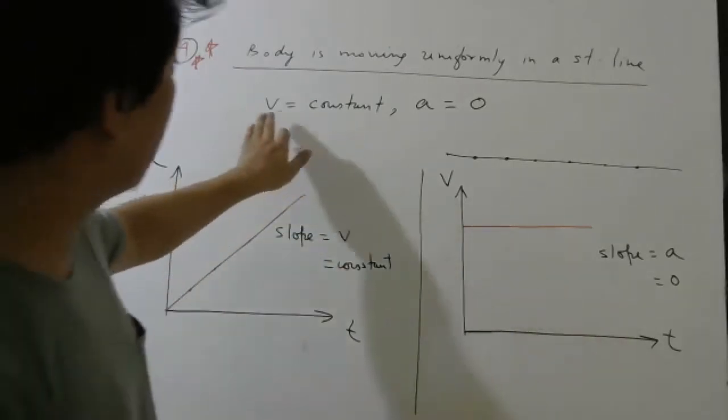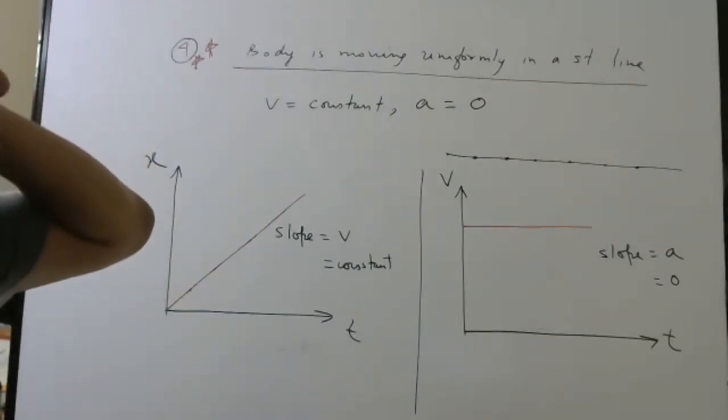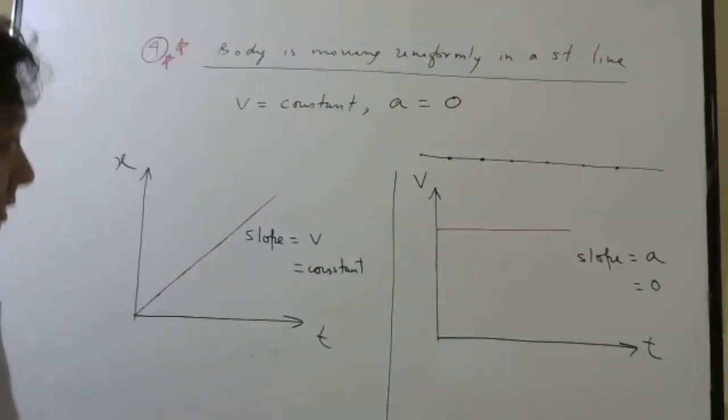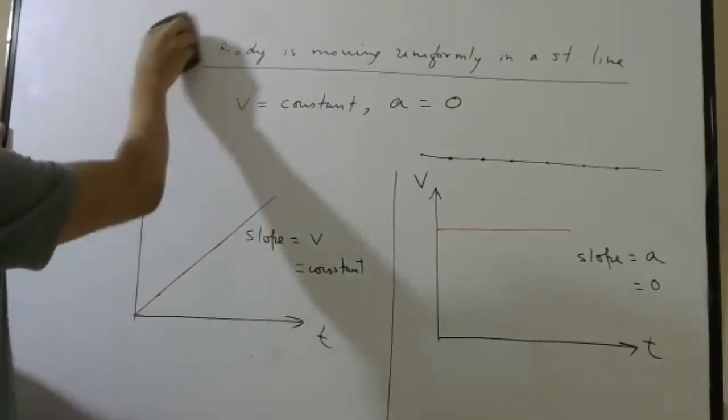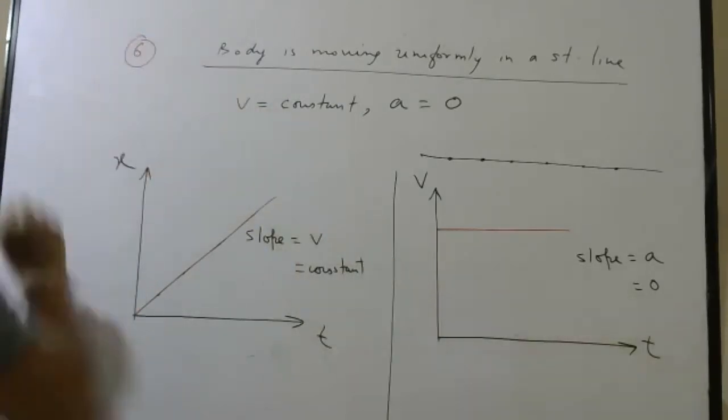I have taken velocity constant. Done. Writing part is done. Sorry students. Okay, let us see question number 5. For 5 I gave you homework.